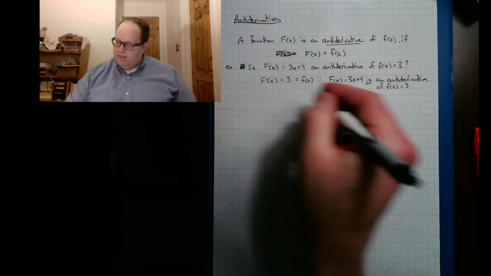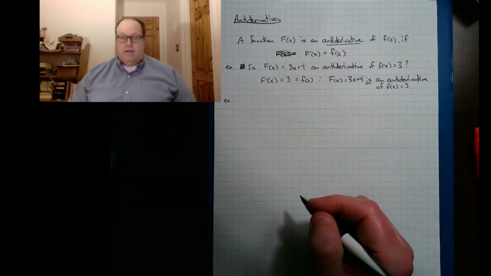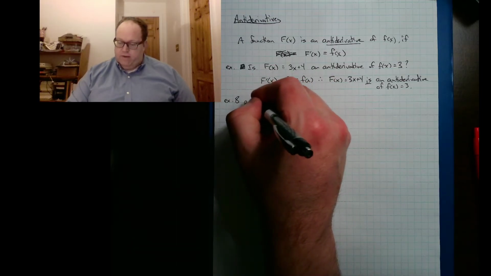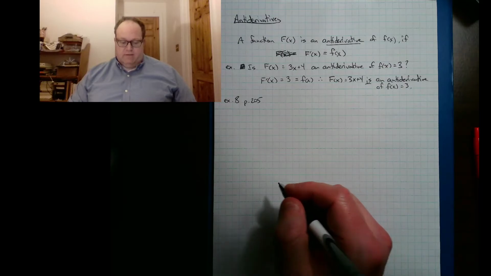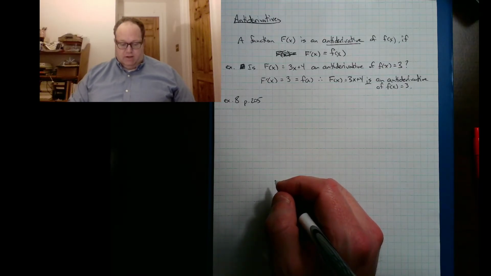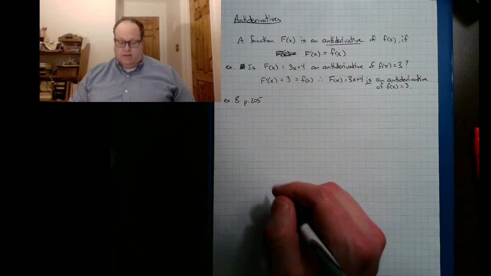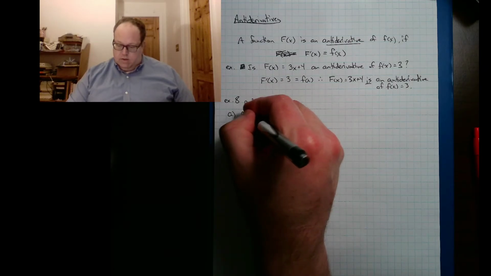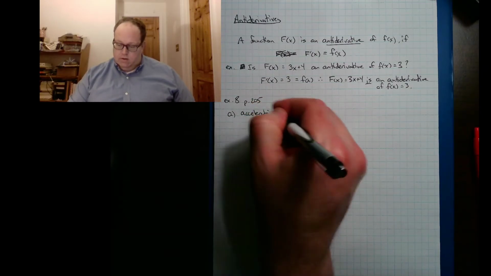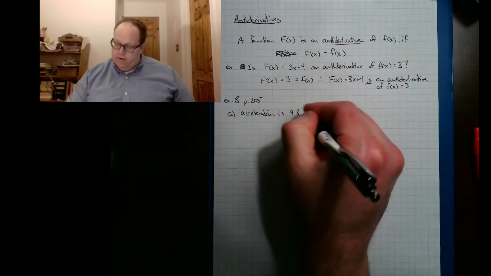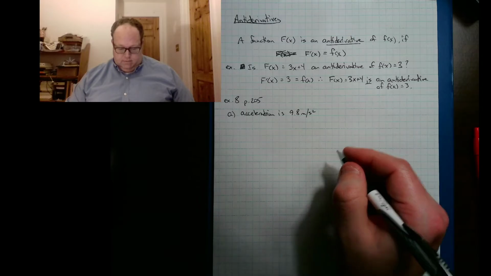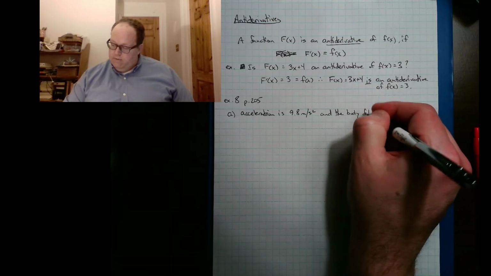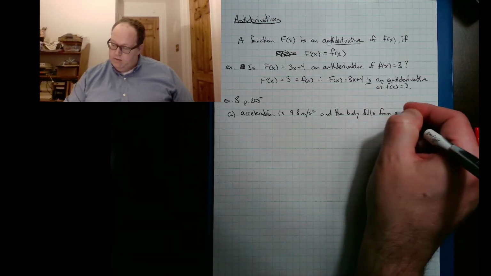And, as I do sometimes like to tie these back to physics, and our textbook so nicely lets us, why don't we? Example 8, off page 205. We are asked to find the velocity and position functions of a body falling freely from a height of 0 meters under each of the following conditions. A. Acceleration is 9.8 meters per second squared, and the body falls from rest.